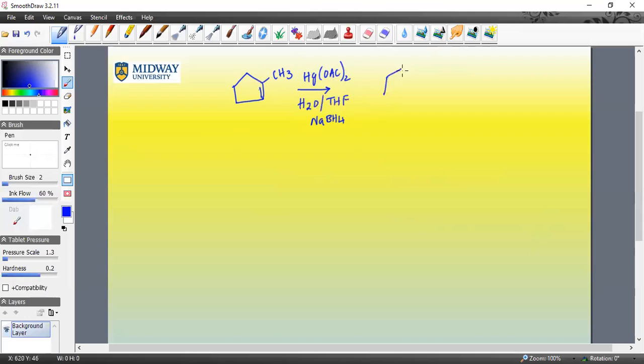They write all of the reacting reagents that you need, and then the starting material and the product. Now this has a very stark resemblance to, this is a Markovnikov product. What does that mean?